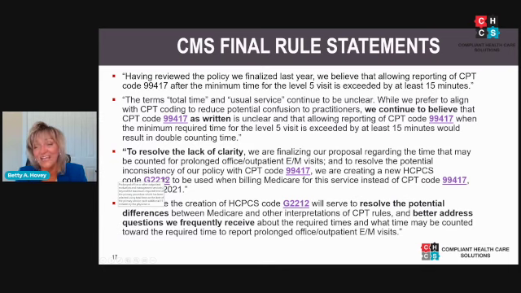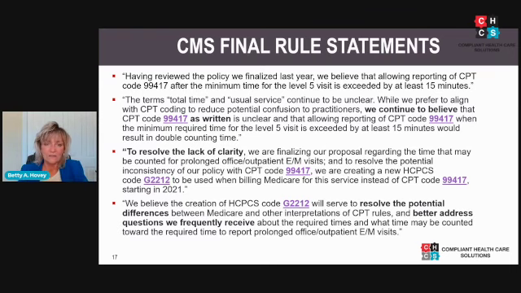Great, everybody's got it. Yes, thank you. And then they say the terms total time and usual service continue to be unclear. So CMS is saying that in some places CPT gives you the halfway mark, but for the 99417, they're saying it has to be the full 15.